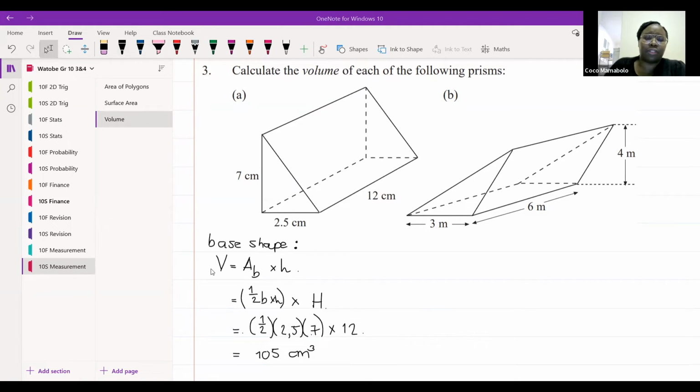If we can calculate for A, we can then calculate for B. Now, look at B with the knowledge of what we have. What is our base shape going to be for question B? Correct, Pascal. Beautiful. Volume is going to equal the area of the base multiplied by the height.